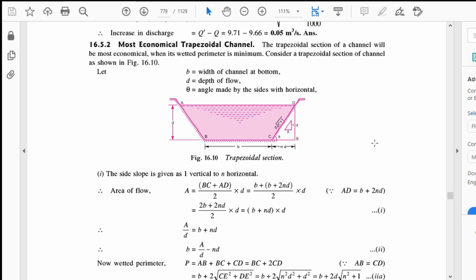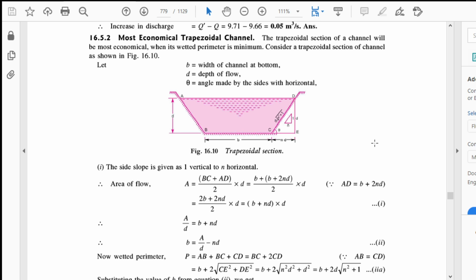Now, for the most economical trapezoidal channel, in this figure you can see the trapezoidal channel ABCD. Here the depth of flow is D and the bottom width is B.